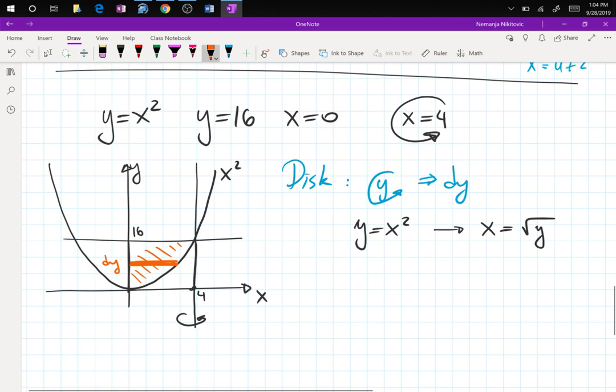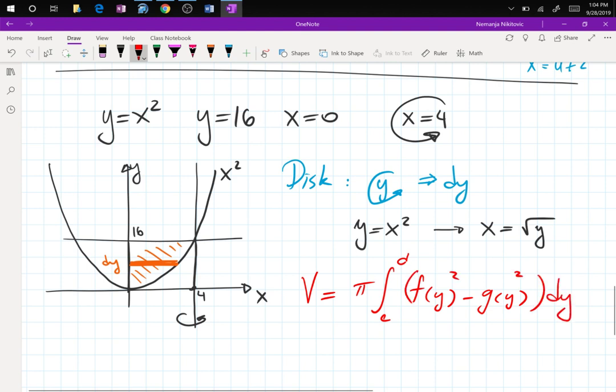So now how do we set this up? The formula for the volume is pi integral from a to b of f, well, it's actually c to d because we're using y's, of f of y minus g of y, all of those squared, each one, and then dy.